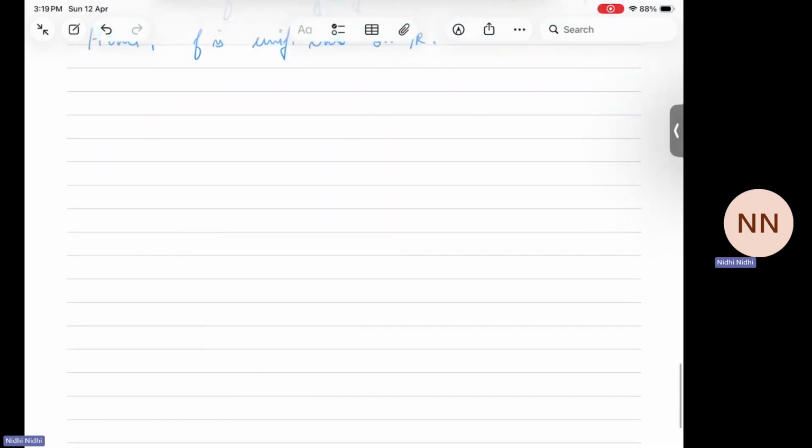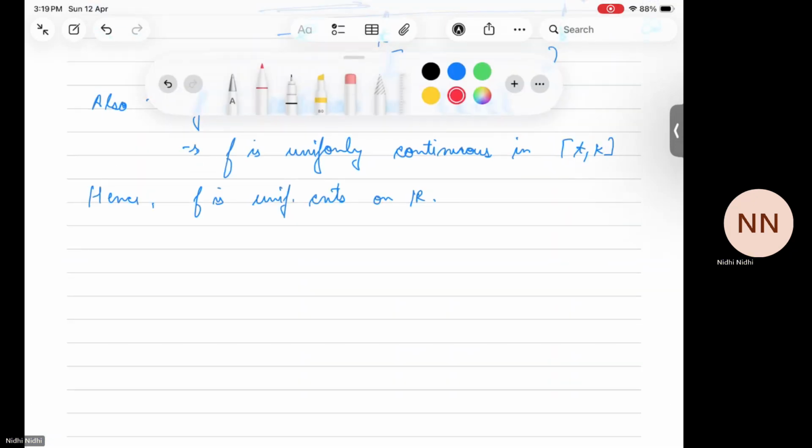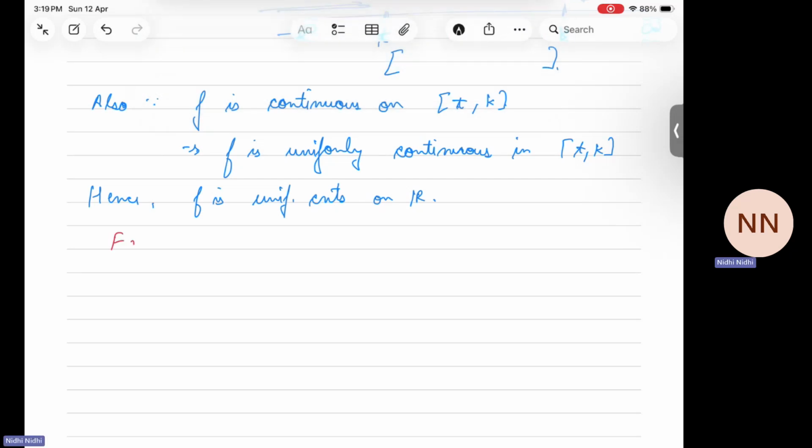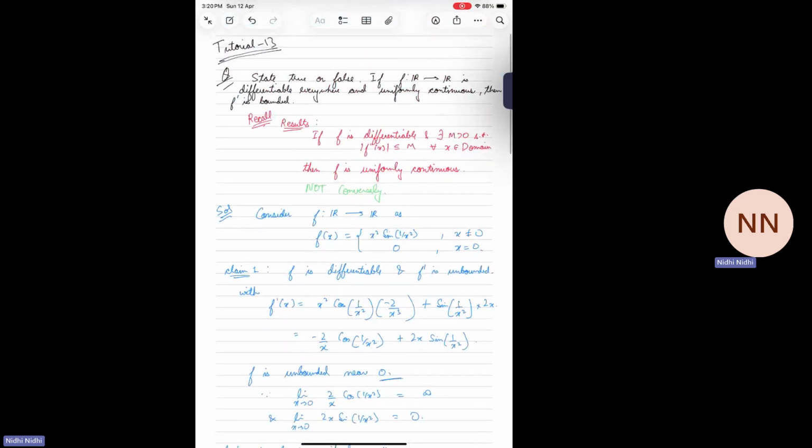I hope this example is clear with you, how this is explaining the fact that the given statement is false. So the main idea is that if f is differentiable, it is uniformly continuous if the derivative is bounded, but if it is uniformly continuous, that does not imply the derivative is bounded.